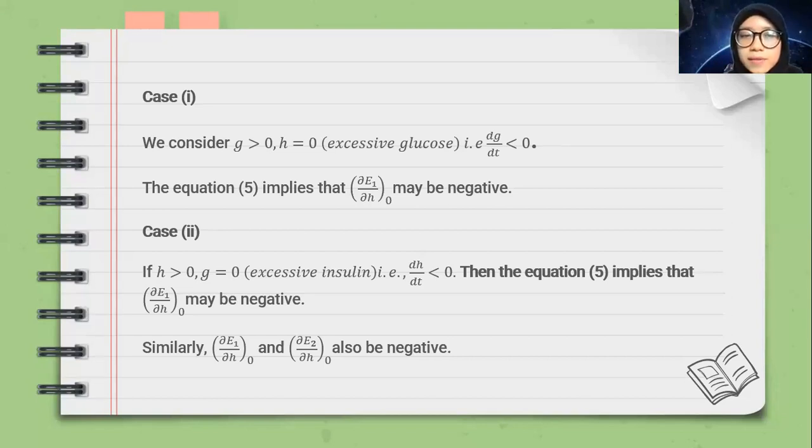If H greater than 0 and T equals 0, excessive insulin, that is dH/dt smaller than 0, then equation 5 implies that ∂I1/∂H0 may be negative. Similarly, ∂I1/∂H0 and ∂I2/∂H0 may also be negative.